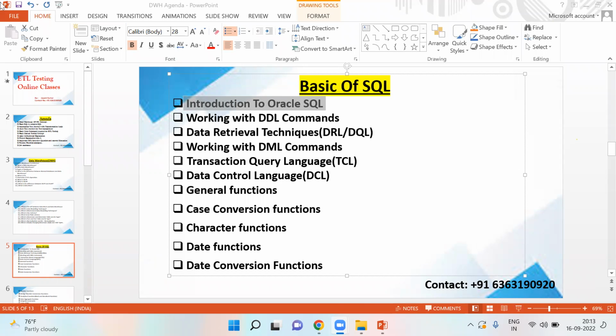I saw that people who give 100%, honestly, I'm saying honestly, it's not just talk. If you give 100% effort and learn 100% of the syllabus, not even 99%, if you learn 100% of my class syllabus, you will be able to crack any type of interview for ETL testing.